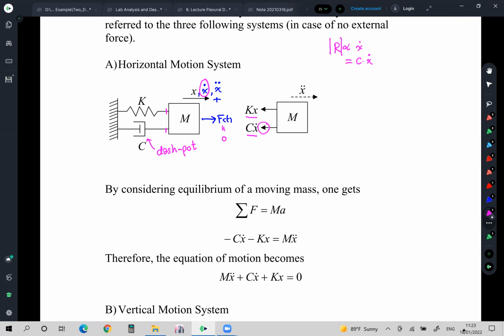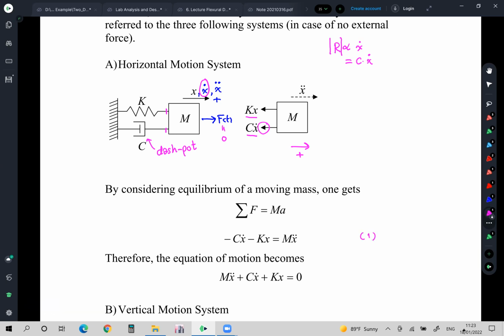You can have something like this, right? If the arrow going to the right is positive, therefore the Kx and Cx dot are all negative, right? So summation of F is minus Cx dot minus Kx equals MA. A is the acceleration of the mass, which is x double dot. And if you write this down, you can obtain equation number 1.